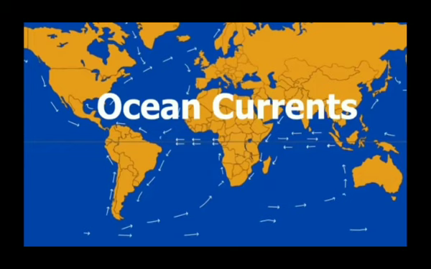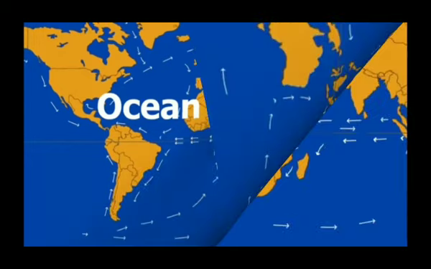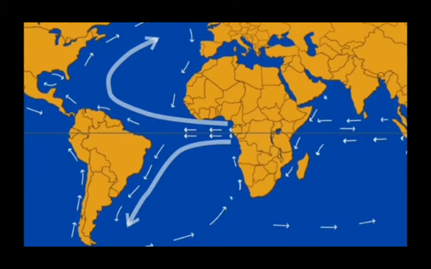The warm ocean currents move from equator towards the poles, and the cold currents move from poles towards the equator. They also bring heat or cold with them, so the areas along which these currents pass get influenced by the coldness or hotness of these ocean currents.